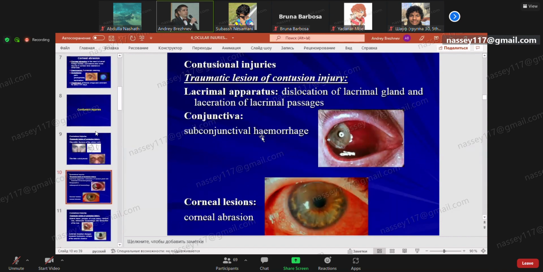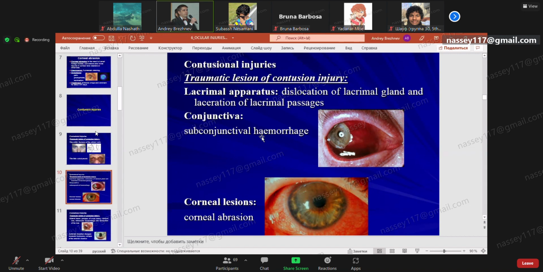Lacrimal apparatus. During the examination of the lacrimal apparatus, in case of blunt trauma, we can find dislocation of the lacrimal gland, rather severe damage. It may be loss of the function of the lacrimal gland with dry eye syndrome development, or on the other hand, it may be excessive production of tears due to irritation, due to trauma, with lacrimation for a long period of time.